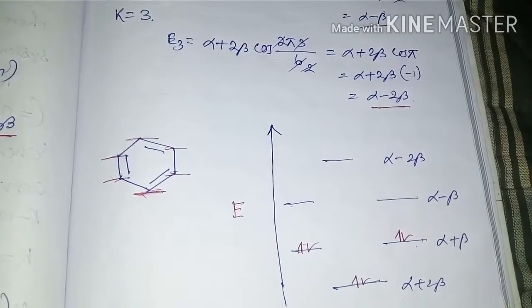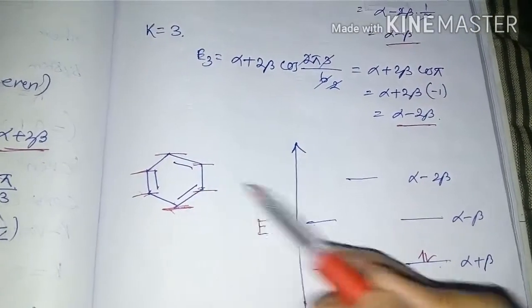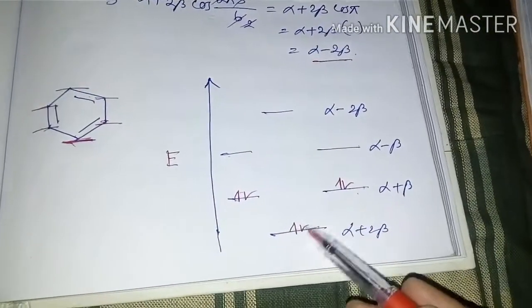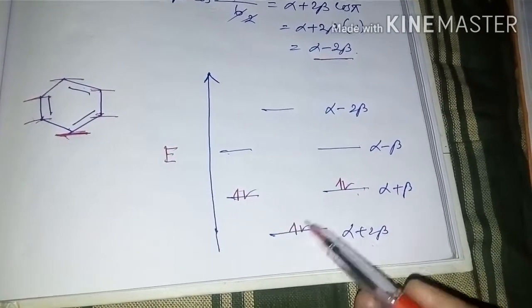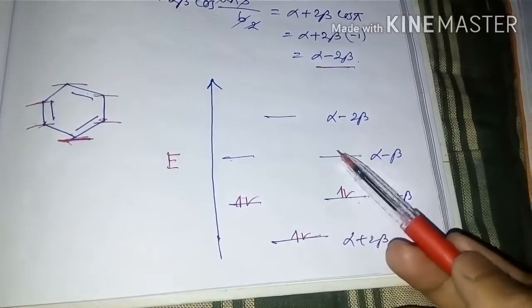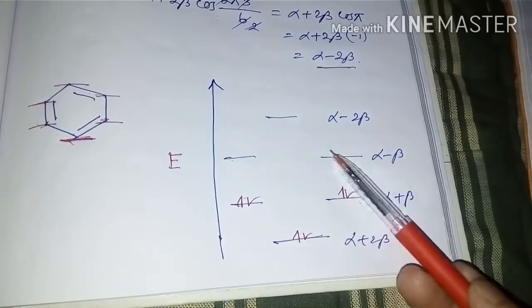Here, how many electrons? 1 2 3 4 5 6. This is the ground level. So this one is HOMO, and this one is LUMO, the lowest unoccupied molecular orbital.